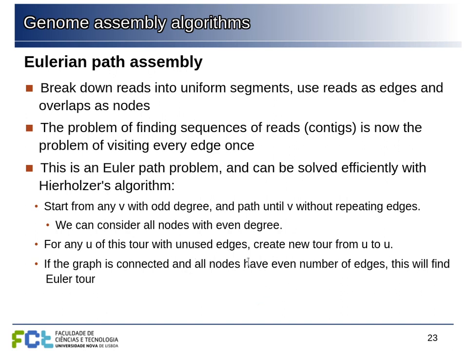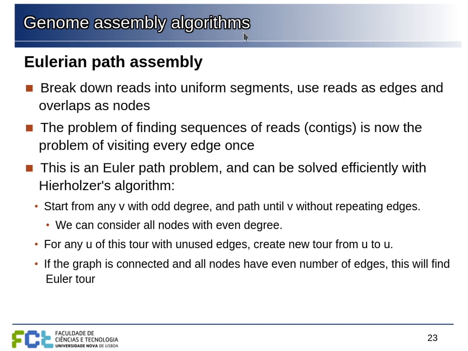And this is guaranteed to work if all the nodes have an even number of edges. This will guarantee to work, and we'll find this Euler cycle or Euler tour, where we go through all the edges exactly once and we end up in the same node where we began. So we can find this using this algorithm.